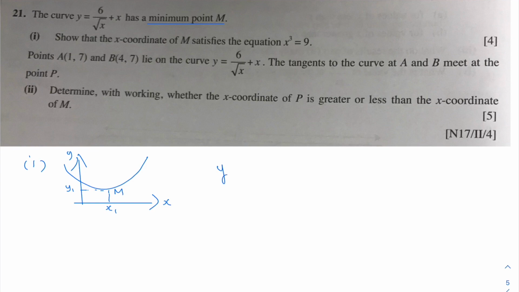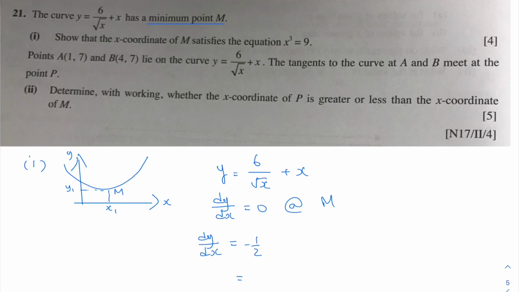So we have the function plus x. It's a minimum point. So minimum point means the first derivative is equal to 0 at point M. So let's find out what the first derivative is.